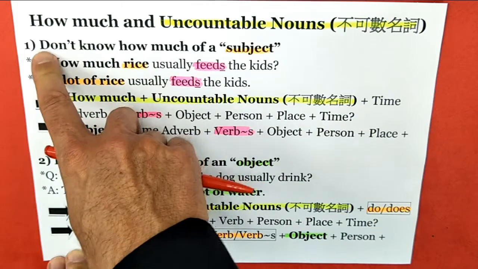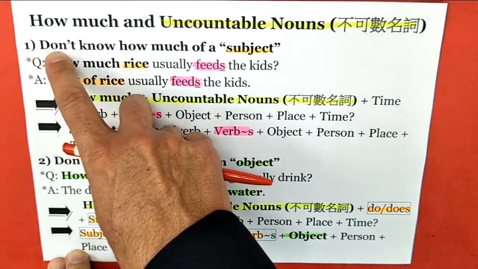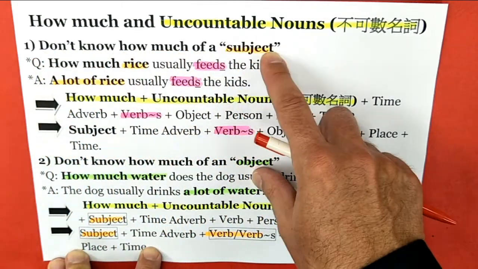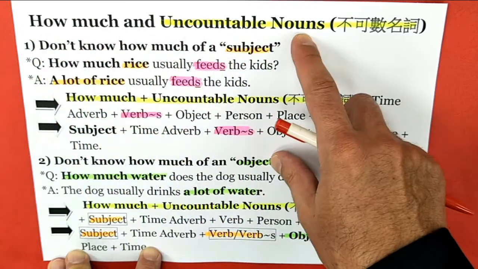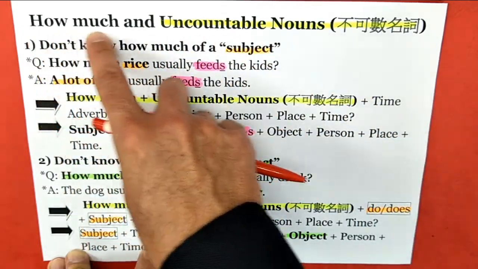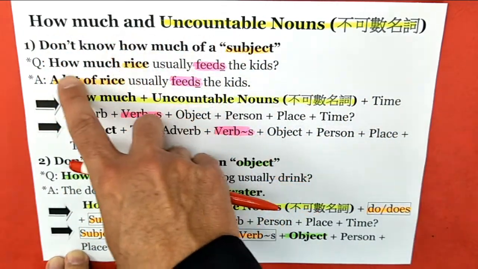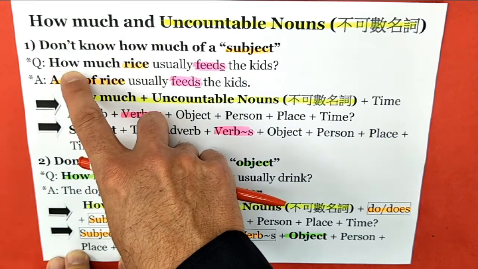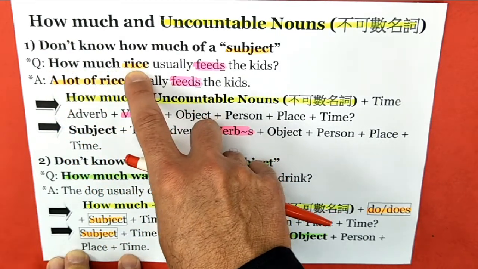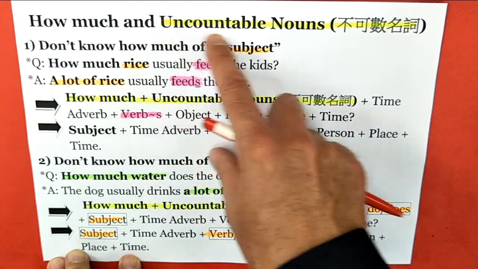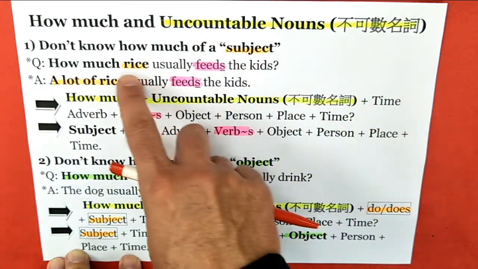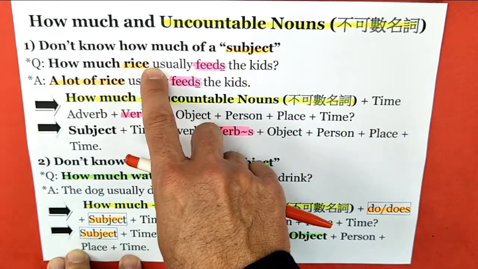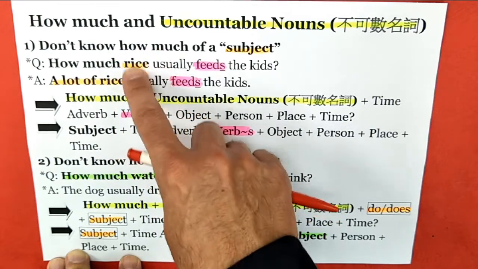All right, let's start with question number 1. We don't know how much of a subject. Remember, uncountable nouns use how much. Question: How much rice? Rice is an uncountable noun. Look, no S, nothing.